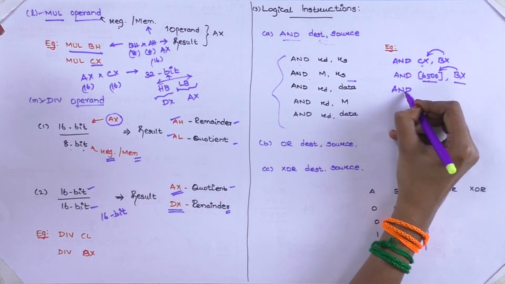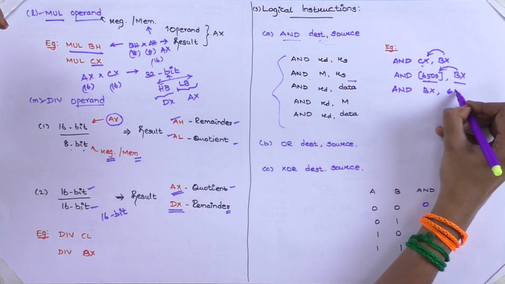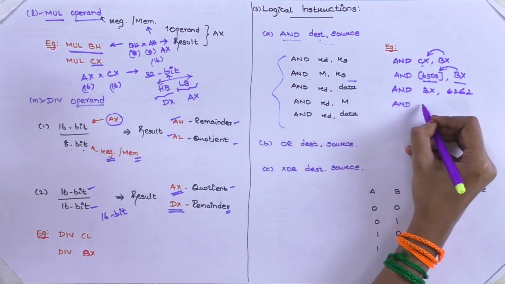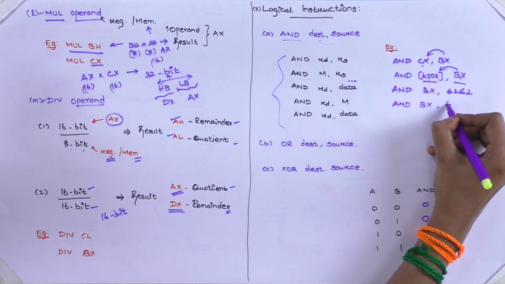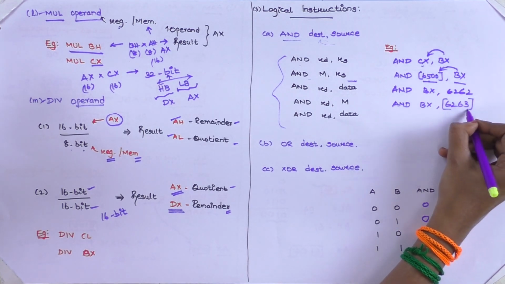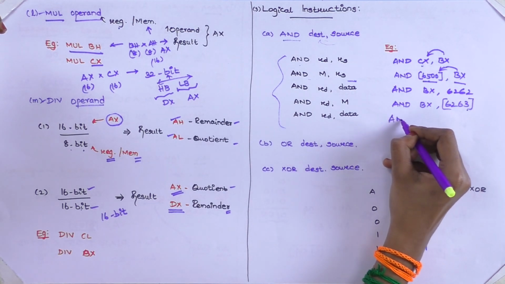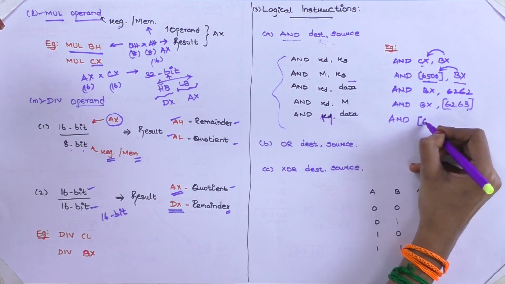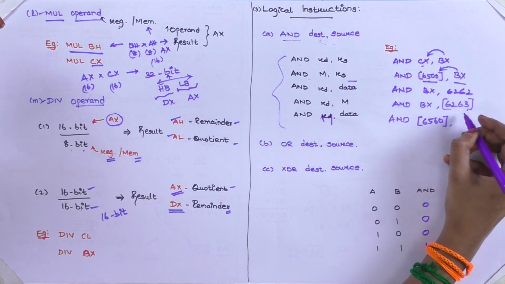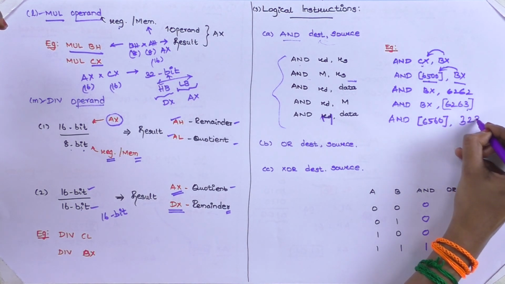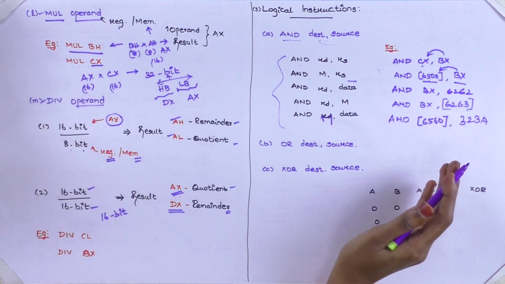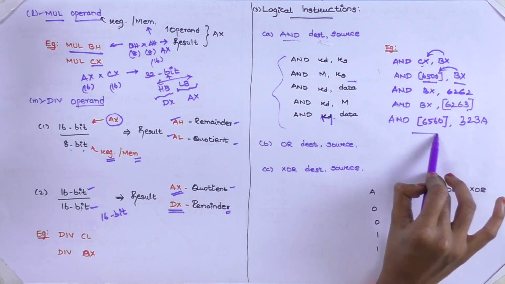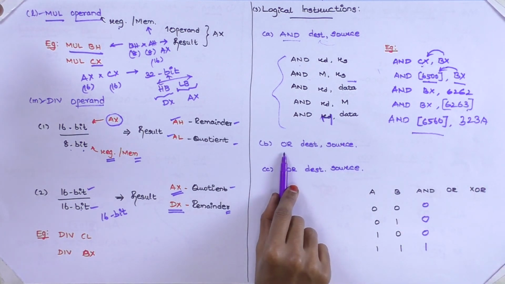With an immediate value it is also possible: AND BX, 6262. Then AND register, memory, where this is a memory location, and AND immediate value with memory. These are all the formats. Each bit from the destination and source is ANDed and the result is stored in the destination. The next instruction is OR.